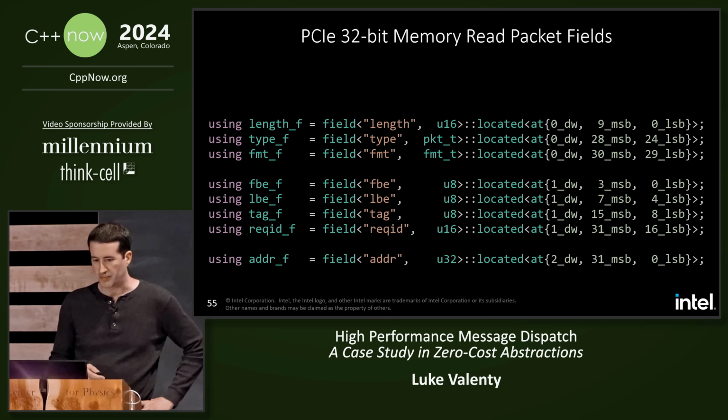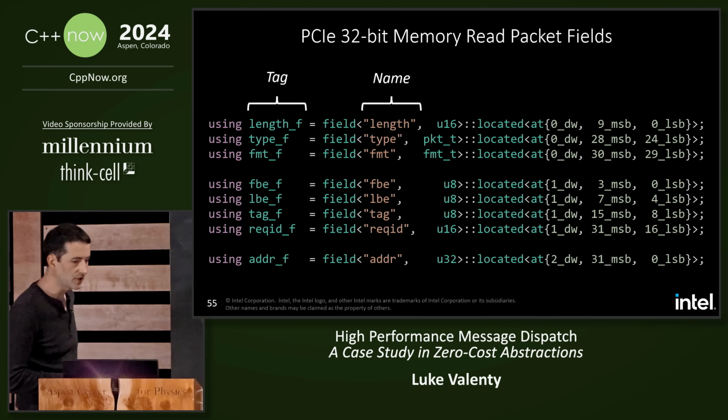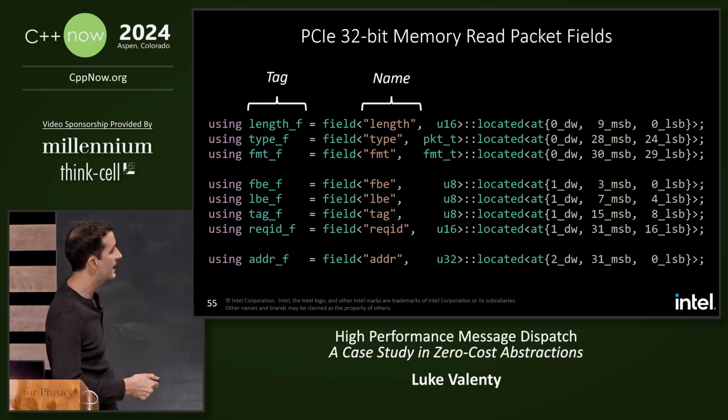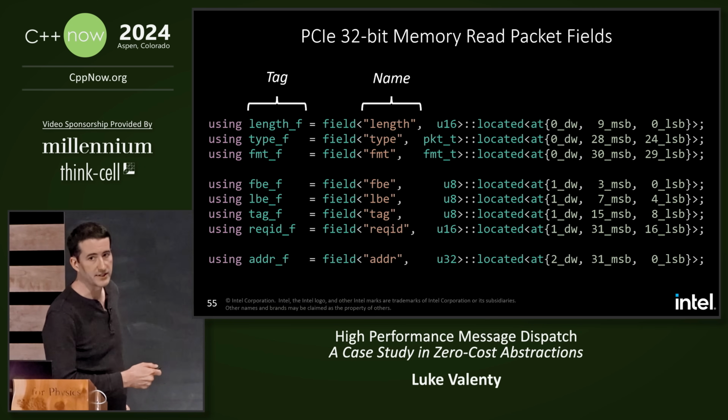Here's our same PCI Express packet example, the same fields for our memory read. We have our tag, which we use to compose the message, and we can use that in our predicates, or we can use the name in our predicates. If we use the name, it's a little bit nicer because across different packets, you might have a different location of a field, right?